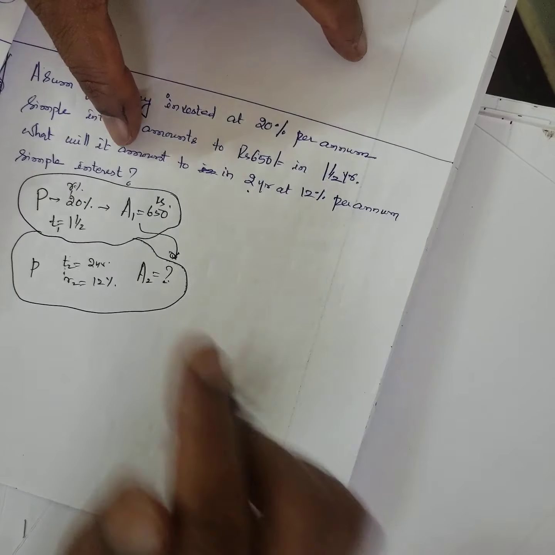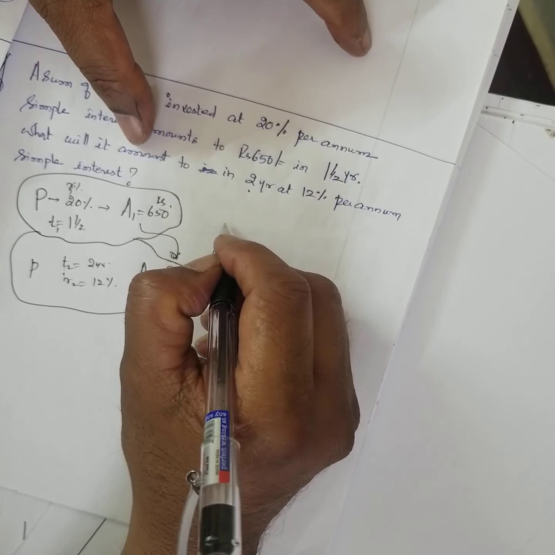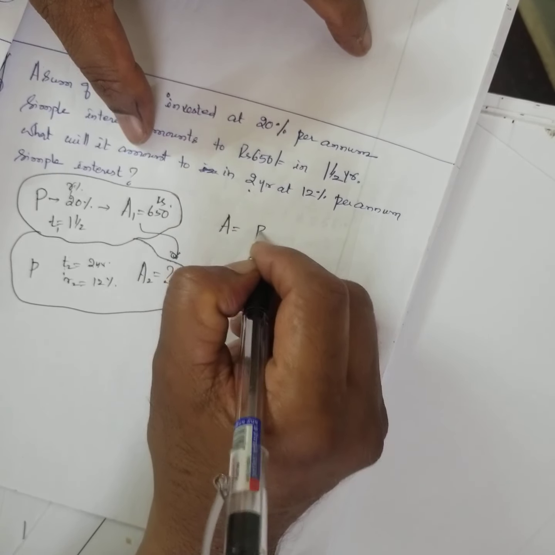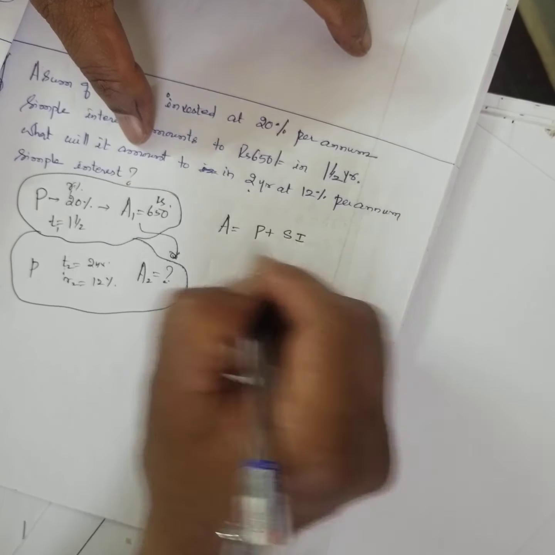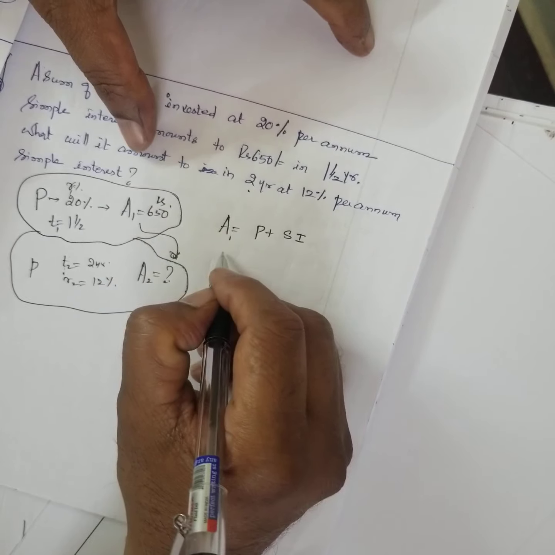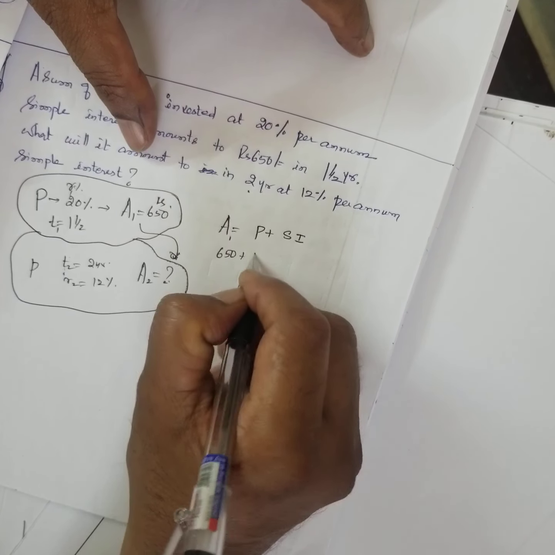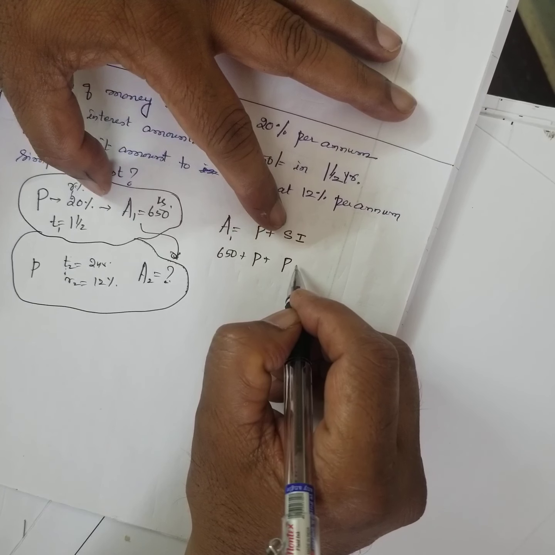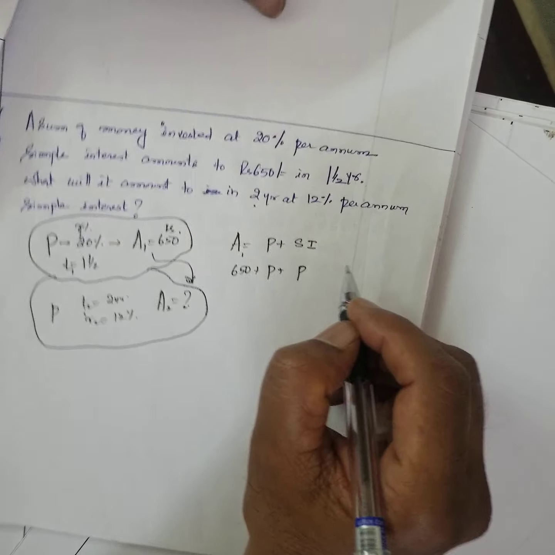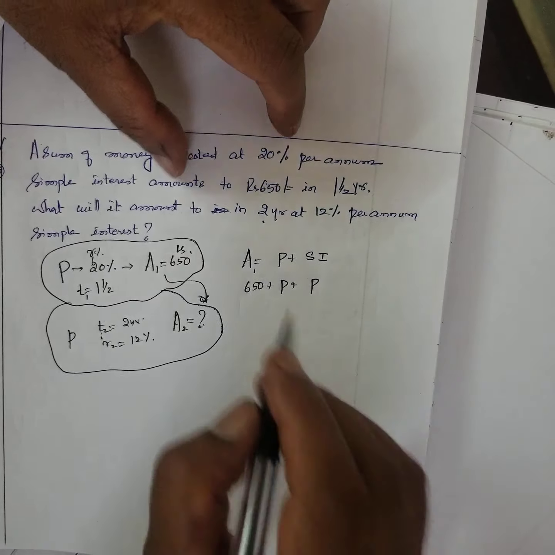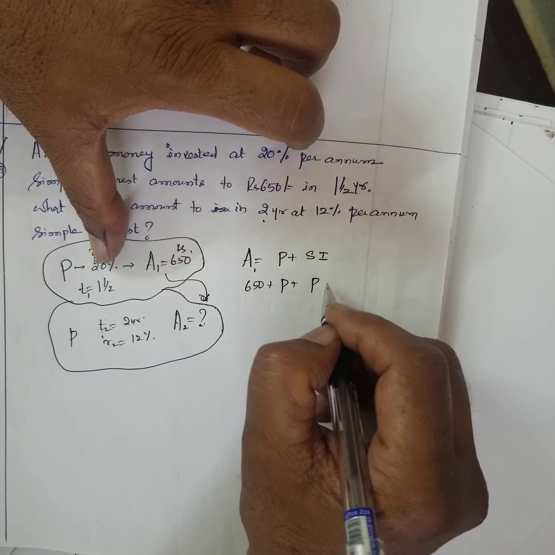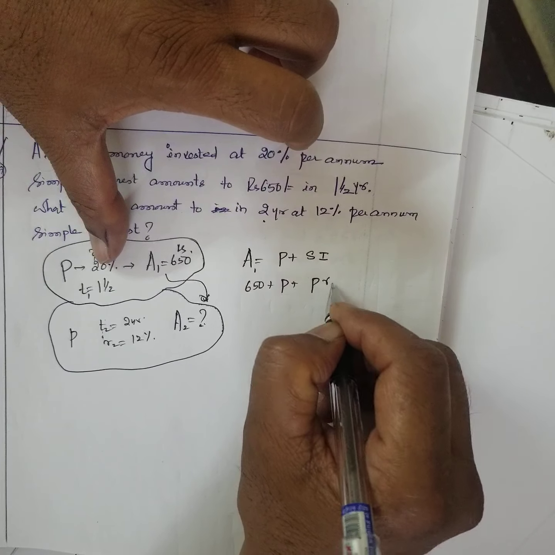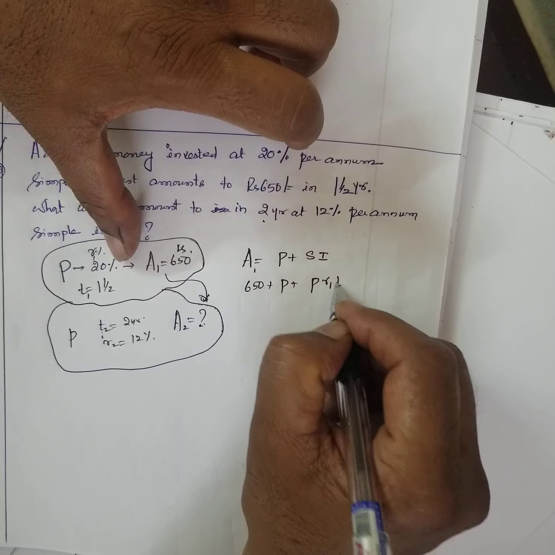Principal is same. Now how to start with? Amount is equal to principal plus simple interest. The amount in the first case is what? 650. This is the principal, and principal plus principal into rate of interest and time.